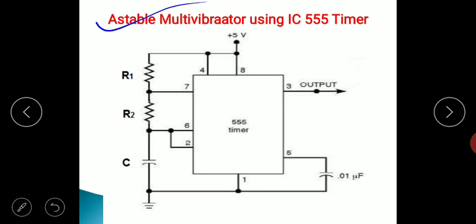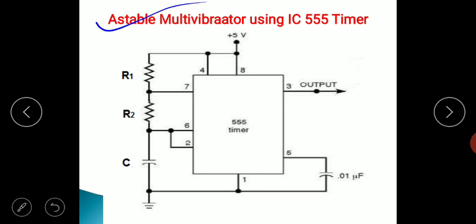Already we have studied in the previous lectures what an oscillator is. The oscillator which generates a non-sinusoidal signal is called a non-sinusoidal oscillator or relaxation oscillator, and the multivibrator is an example of it.